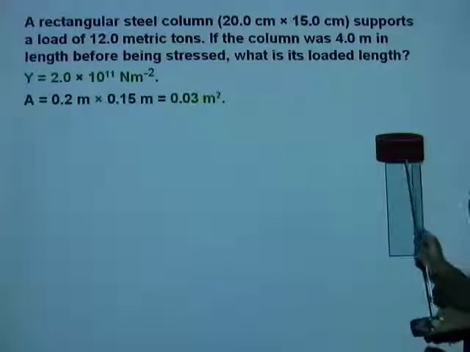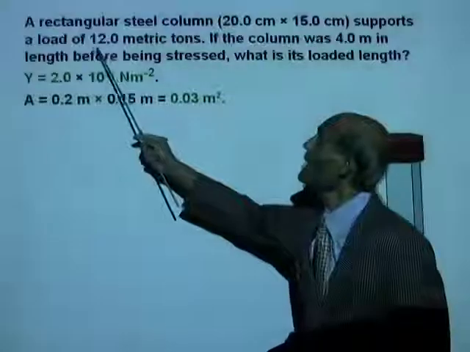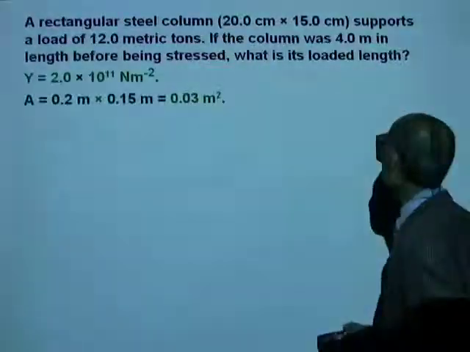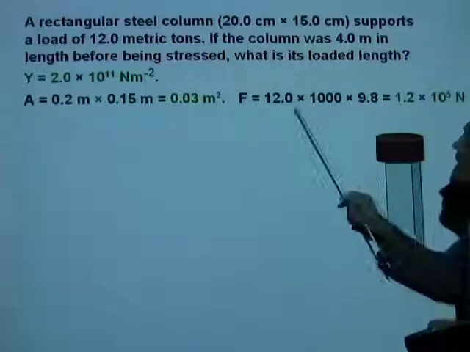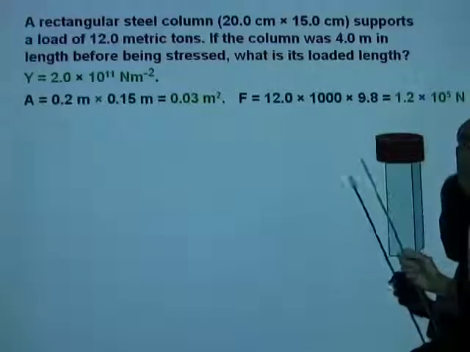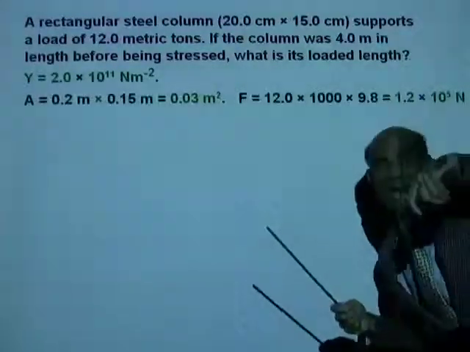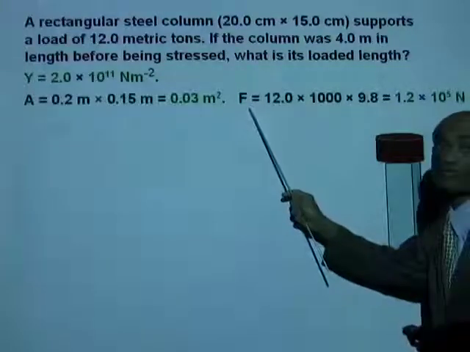This area is 0.03 meter squared, and on that area is now a load of 12 metric tons. That means the weight of this 12 metric tons is acting vertically on this column. What is that weight?